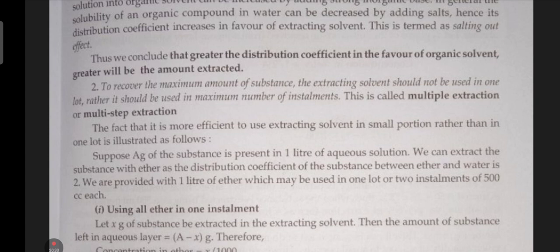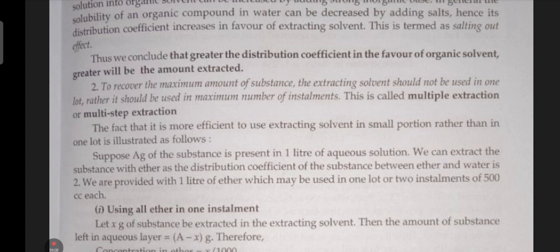The fact that it is more efficient to use the extracting solvent in small portions rather than in one lot is illustrated as follows. Suppose a gram of the substance is present in 1 liter of aqueous solution. We can extract the substance with ether, as the distribution coefficient of the substance between ether and water is 2.